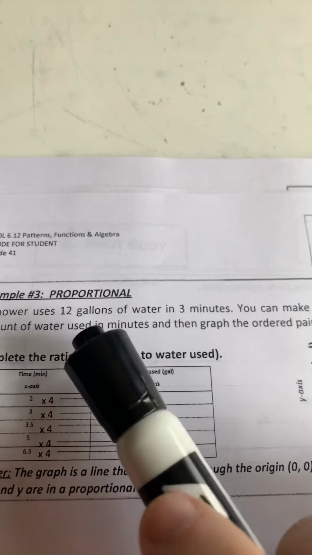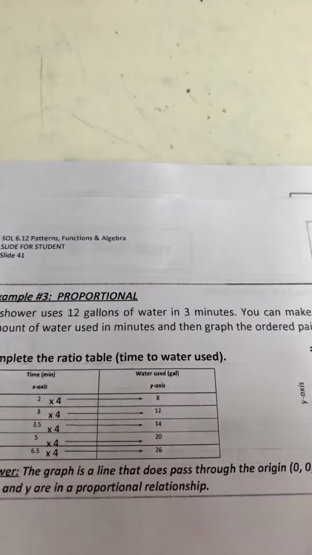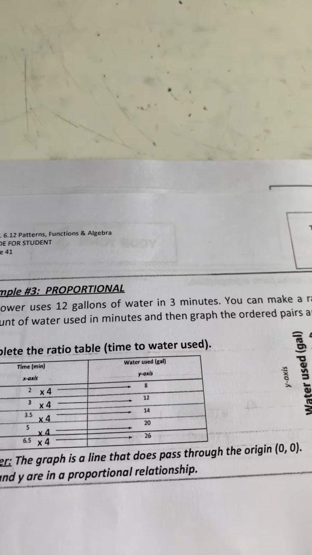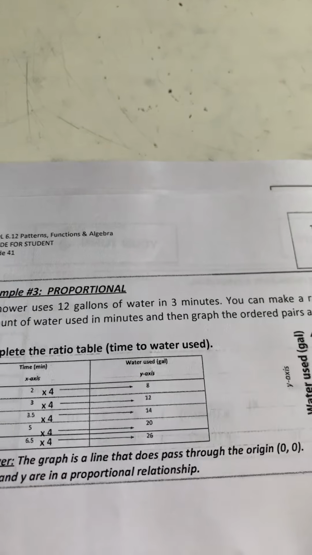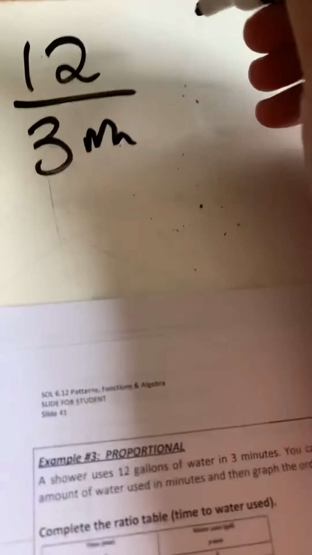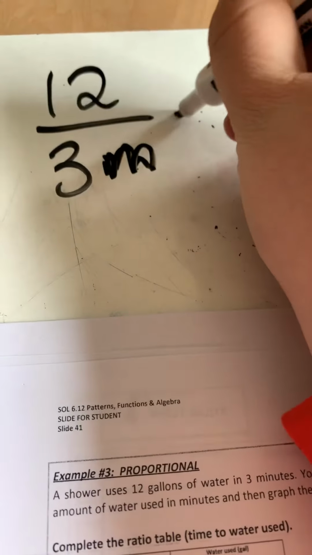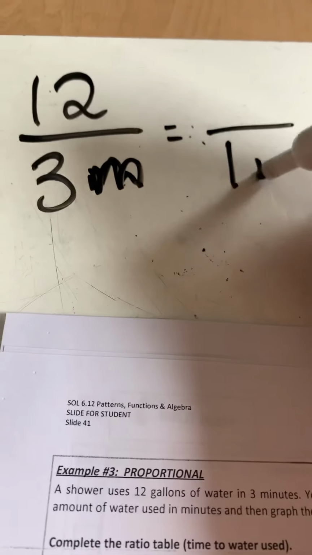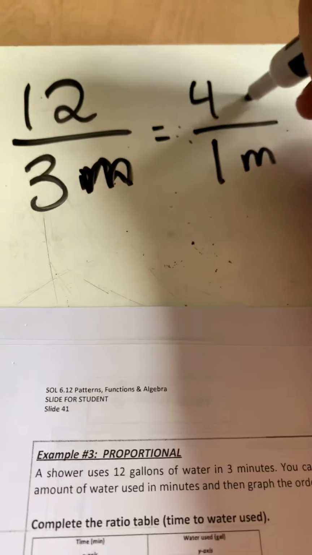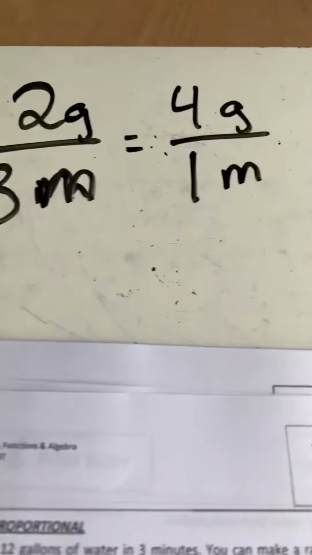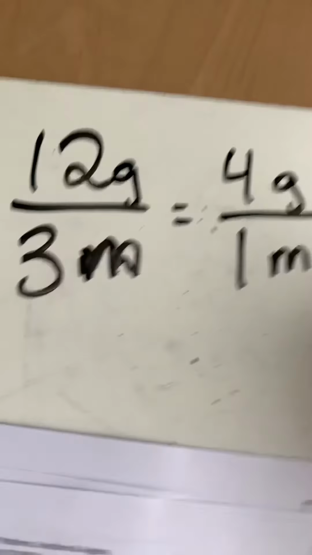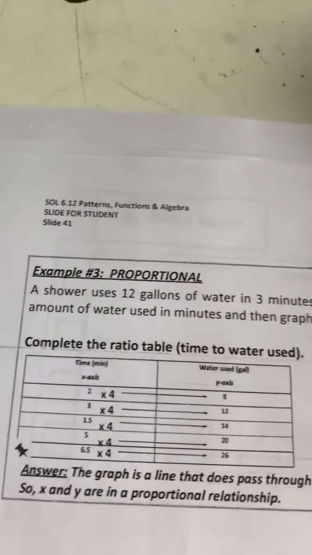If it's 12 gallons in 3 minutes, I know for 1 minute that would be 4 gallons. So I already know that's 4 gallons for every minute.